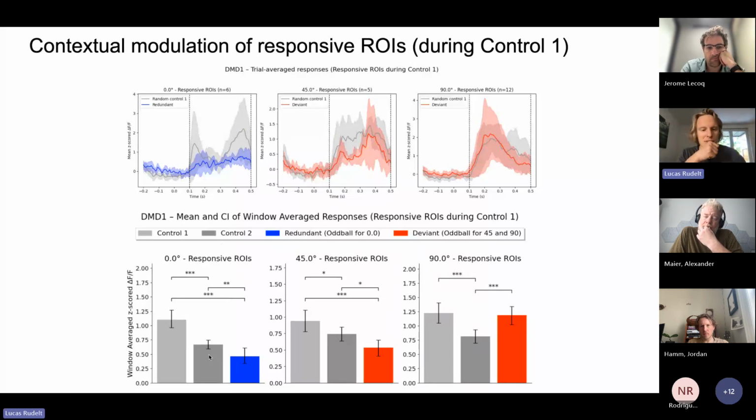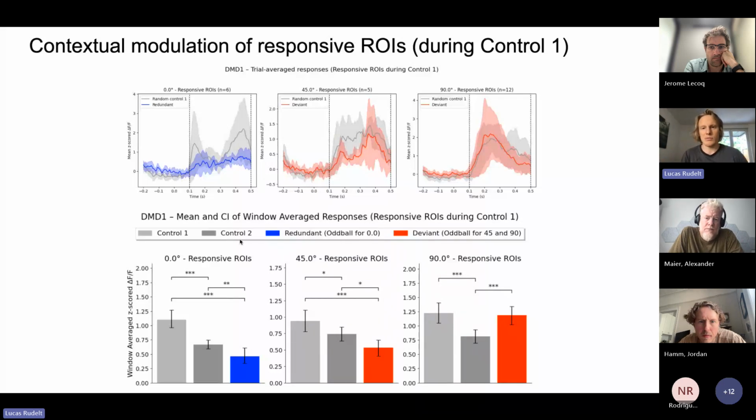And that's an effect that Sarah was already seeing in her orientation tuning analysis, that there's somehow an attenuation of responses happening from control 1 to control 2. And I will come to the point how transient dynamics come in there. So this is if we look at ROIs that are active during the first control.